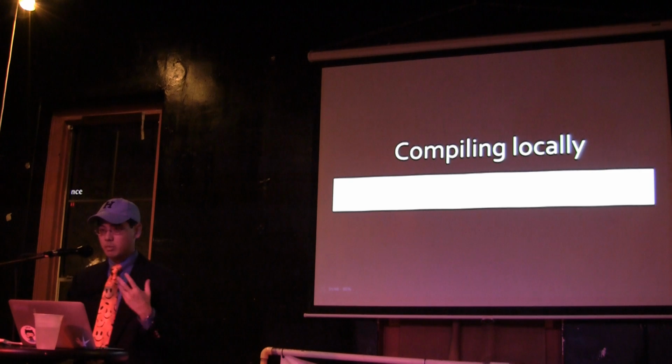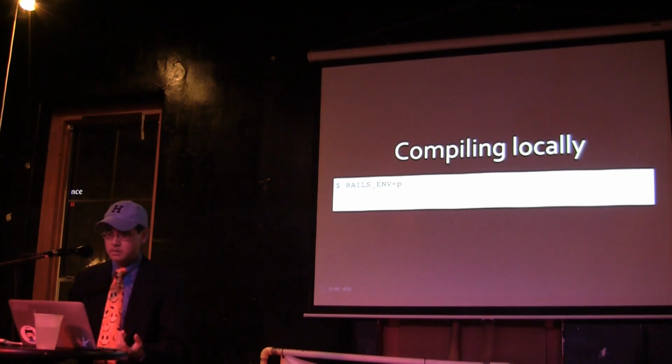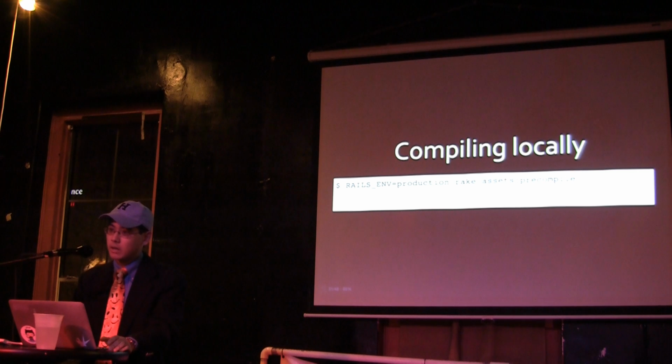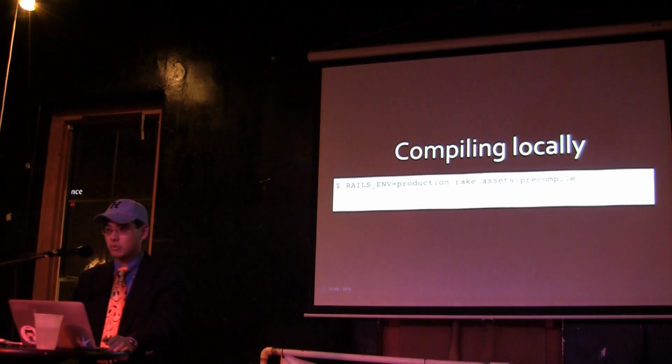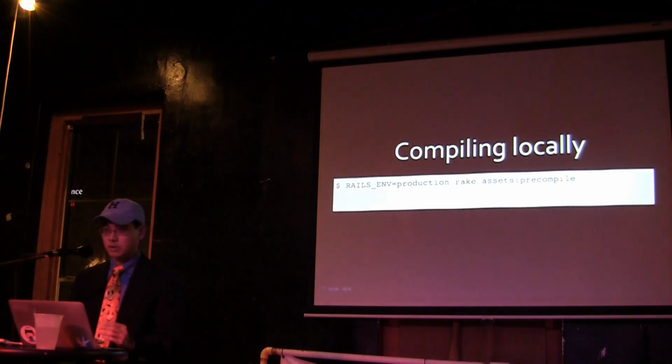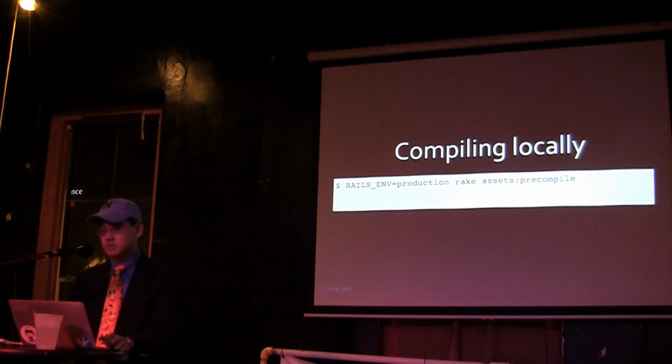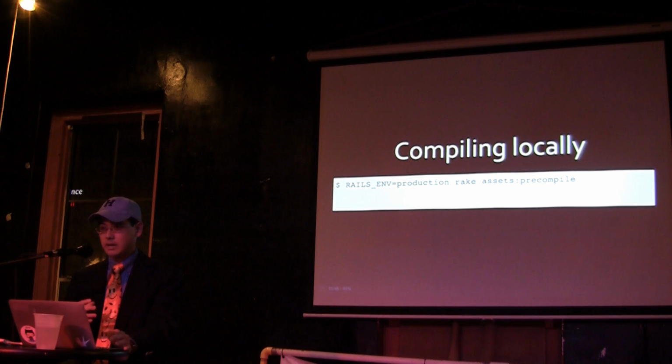When you're compiling locally, Rails provides a rake task called assets:precompile. What this does is it uses Sprockets to go through and convert your CoffeeScript to JavaScript, and do the transformations for your CSS and what have you. You want to make sure that you run it in the environment that you're deploying to.